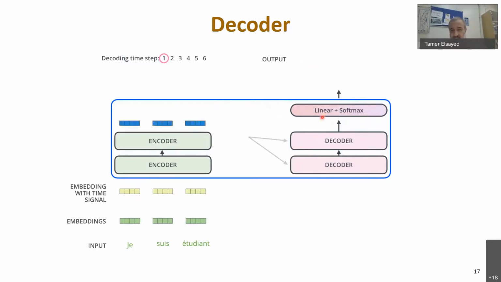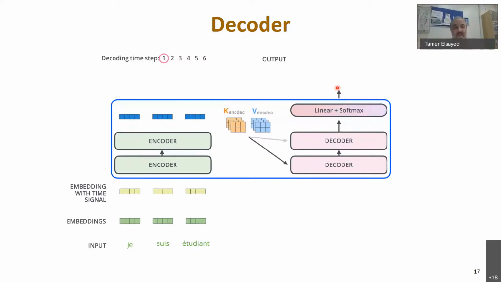We'll talk about this linear and softmax layer later, but let's assume that the decoder stack will provide the output. Now, how do we know that the output is I? The network doesn't understand words, it understands numbers, right? So the output here will also be a one-hot encoding that tells us which word.